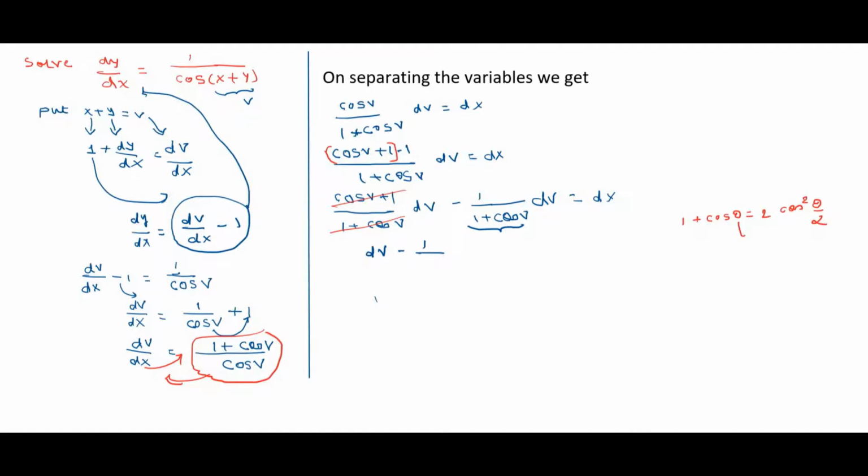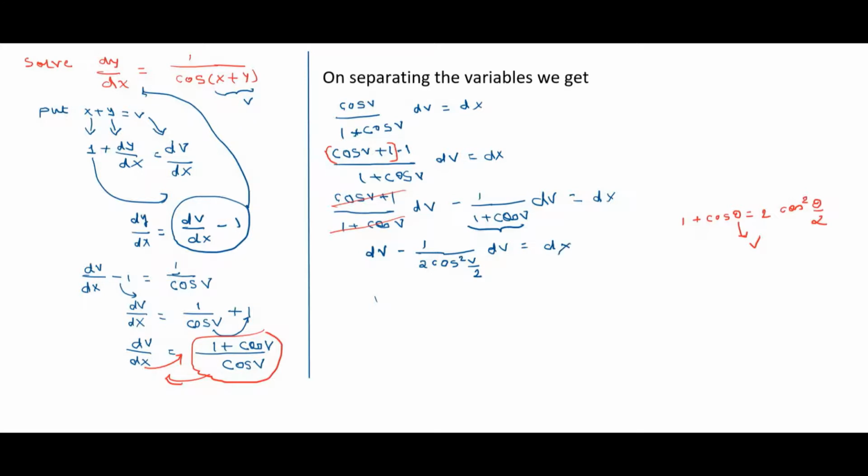Now only in place of theta we have v. So 1 plus cos v we can write as 2 cos square v by 2, in place of theta we have v, into dv is equal to dx.